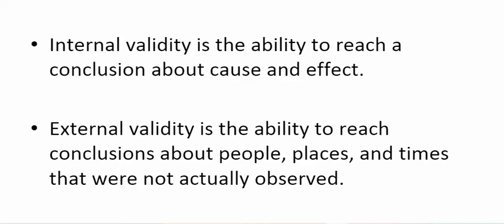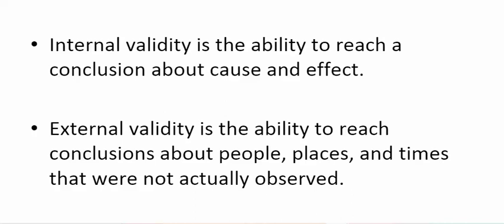You can confidently reach a cause and effect conclusion about what you observed. But if you can confidently say that that same unhelpfulness would happen elsewhere, like in a work environment or at a shopping center, then you have high external validity, right? Because you are able to go beyond what you've observed and reach conclusions about external settings. So yeah, that's internal and external validity.